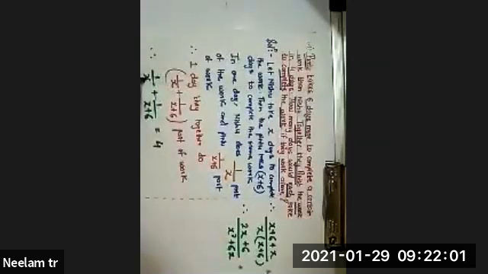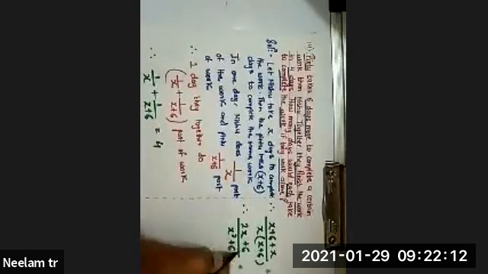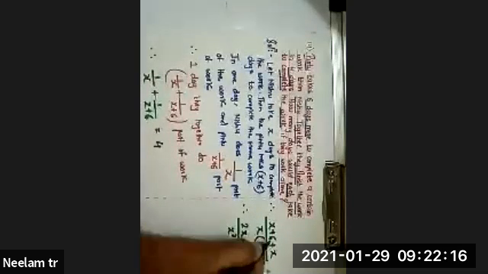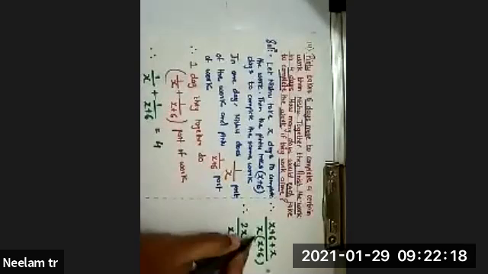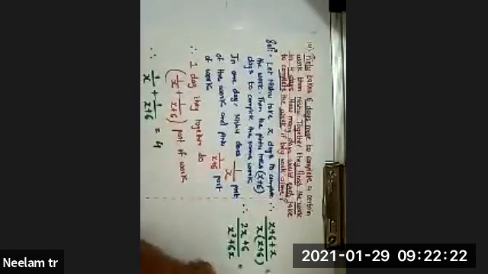What did I do? Cross multiply. Any doubt in this step you can ask. I cross multiplied it and I came to this equation. X into X, 2X. Then plus 6, x into x square plus 6x is equal to 4.